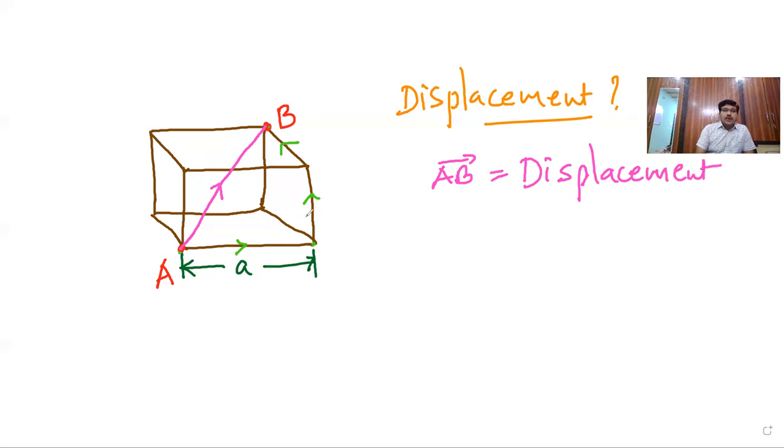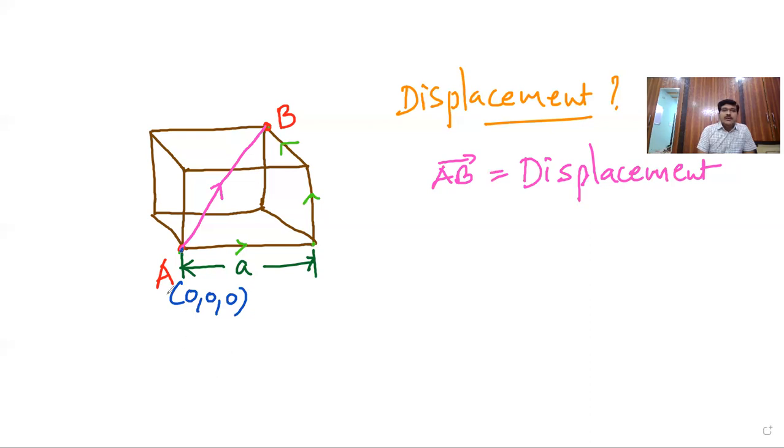Okay. Now observe, the general coordinate system we are following is three-dimensional. If A is the initial point, I am taking the coordinates of A as 0, 0, 0, that is X coordinate, Y coordinate, Z coordinate. That means this is the origin.